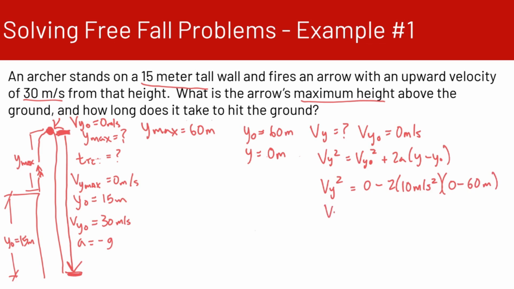So we have Vy squared is equal to minus 20 times minus 60, which is 1200 meters squared per second squared, which gives us a final velocity in the y direction of 34.6 meters per second. And this is going to be a negative 34.6 meters per second because the velocity is going down. So it's negative 34.6 meters per second.